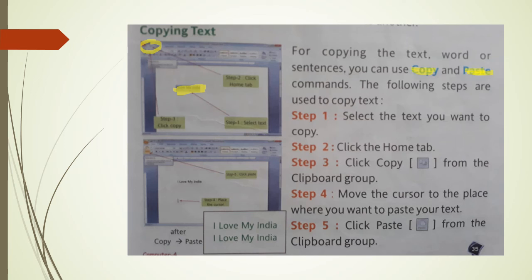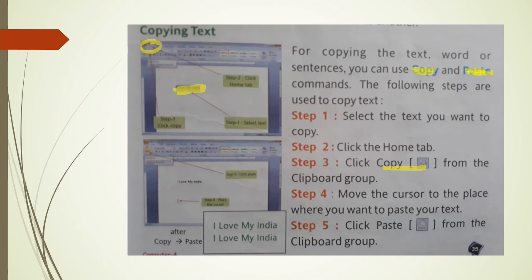The third step is to click copy from the clipboard group. After clicking on the Home tab, you will find the clipboard group, and from there you just click on the copy option.